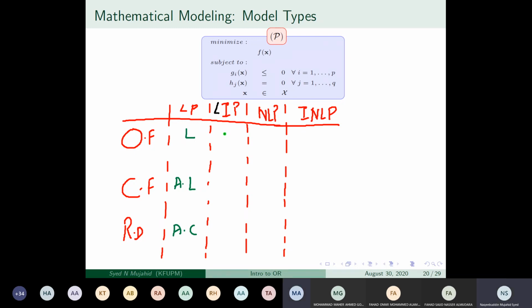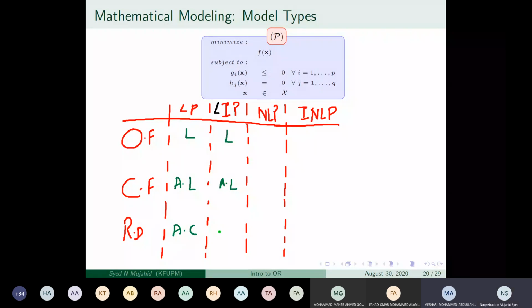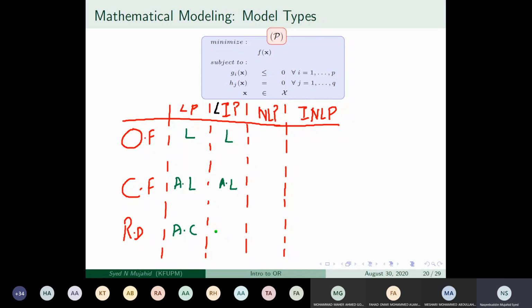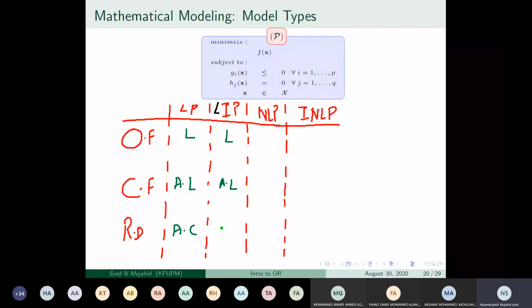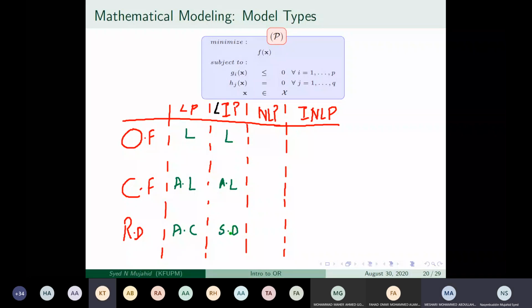The objective function is linear, and the constraints are all linear, and the restriction on the variables, or restriction on domain, should be discrete. But all of them should be discrete? No, some of them. At least one. Because some of them could be discrete and some of them could be continuous.